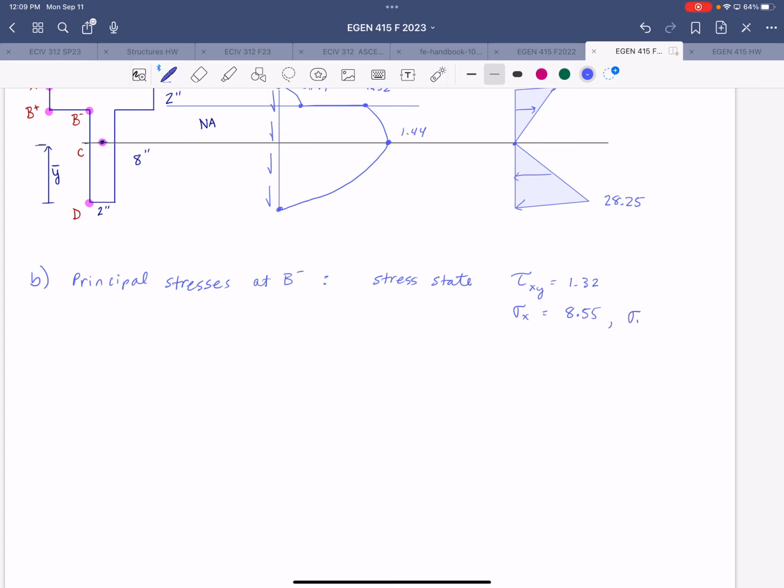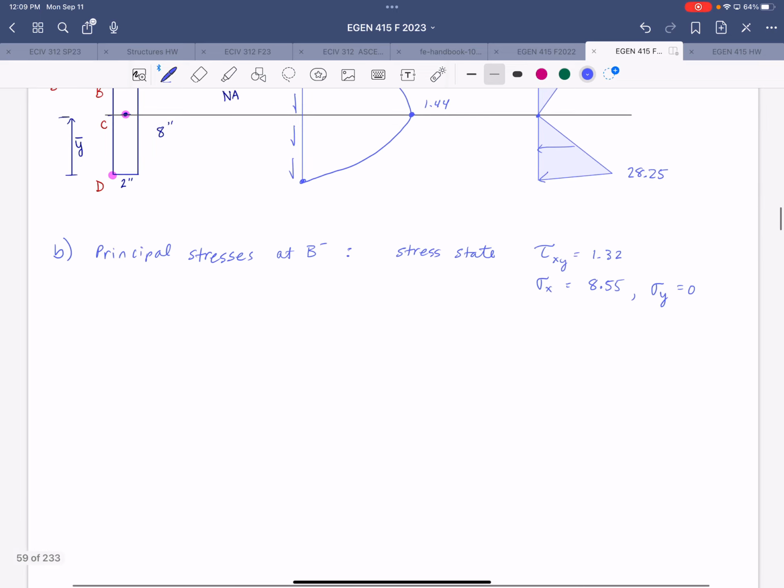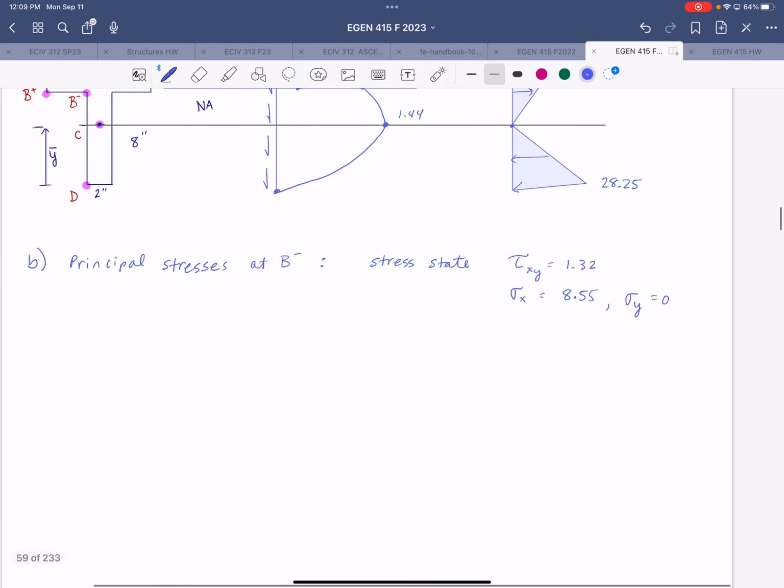And sigma y is 0, because the only relevant normal stress we have is in the x direction. So our reference point on Mohr's circle will be 8.55 and negative 1.32.